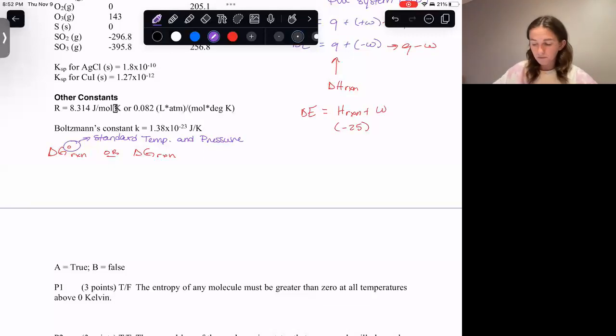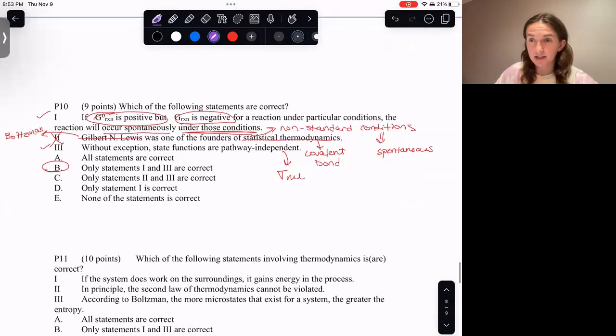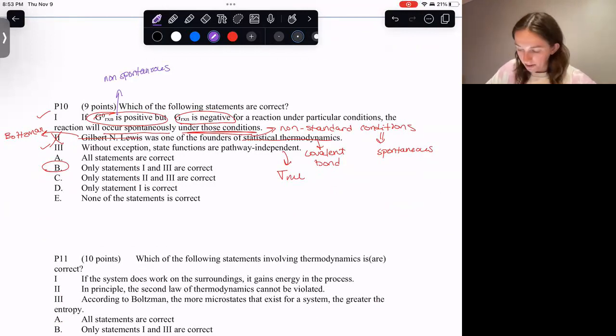If we're talking about spontaneity, what makes something spontaneous, it doesn't matter if it's delta G naught or delta G. And that kind of relates to question 10 here. Delta G naught is positive, so here this is non-spontaneous. But at some other temperature, it's now negative, so this is spontaneous. At that new temperature, we now have a spontaneous reaction.